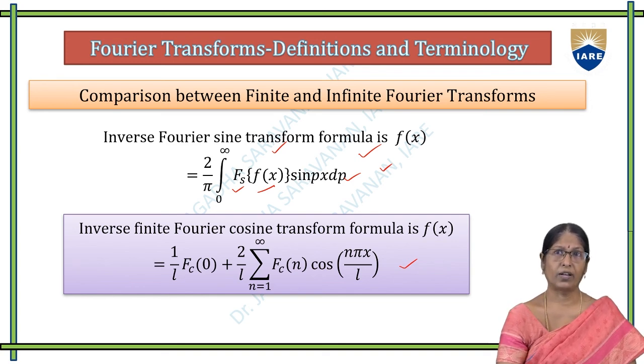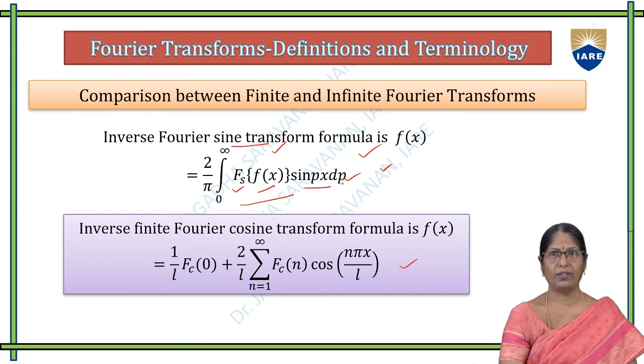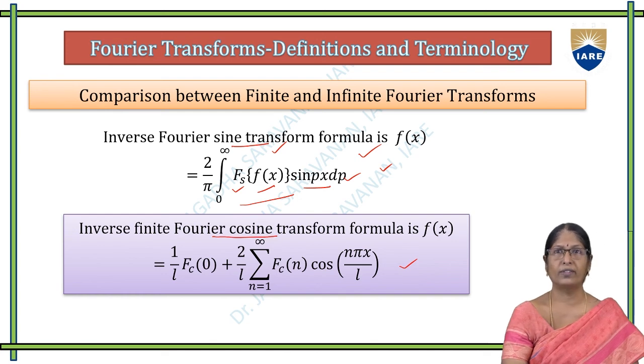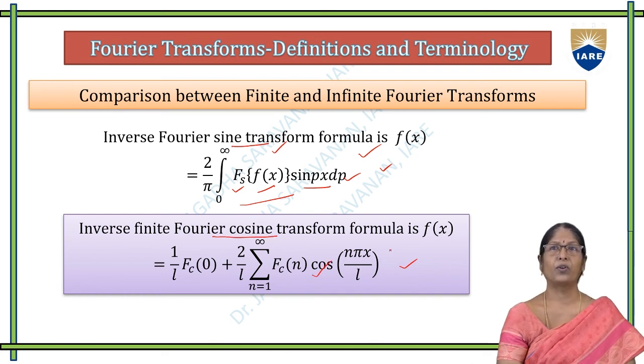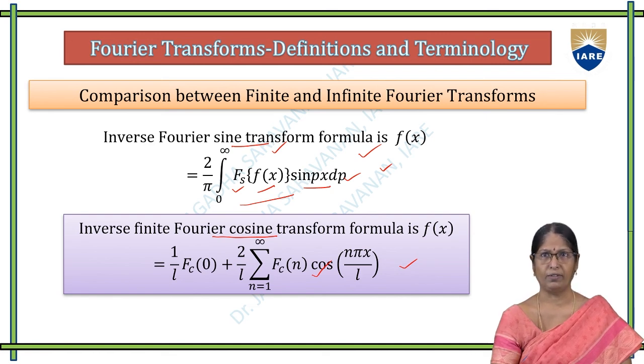If we do the comparison study like this, we never forget. In Fourier sine, sine px is dominating. Here Fourier cosine is there, and the trigonometric term cos is dominating. So for each and every formula, whatever we have, finite, infinite, inverse, properties, we have to do the comparison. Then we will understand more.